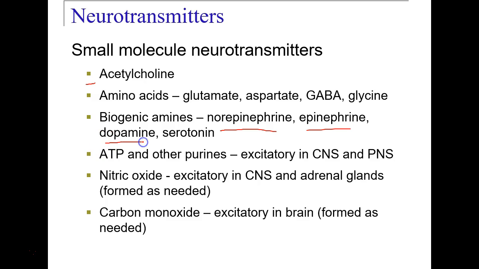Dopamine, we'll talk about in just a second and in the next chapter. Serotonin is kind of a feel-good neurotransmitter. ATP and other purines are excitatory. Nitric oxide is excitatory in the CNS and adrenal glands. We only form it as needed. Carbon monoxide is formed as needed.